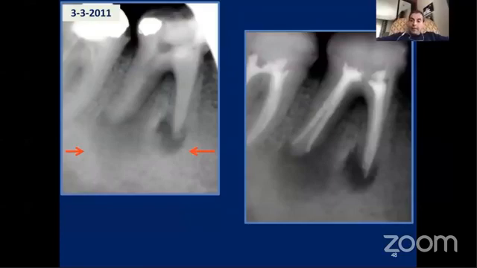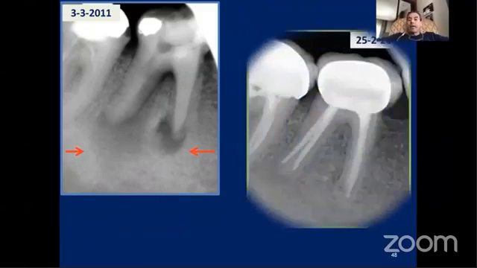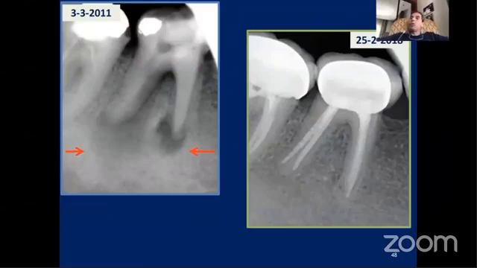We activate the irrigant with ultrasonic activator. Then when we fill the canal, we hope if remnants or a small amount of microorganisms stay inside, the body will deal with them, and after a while the healing process will occur, and of course it will take time.